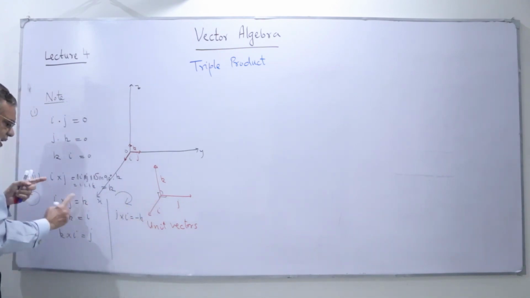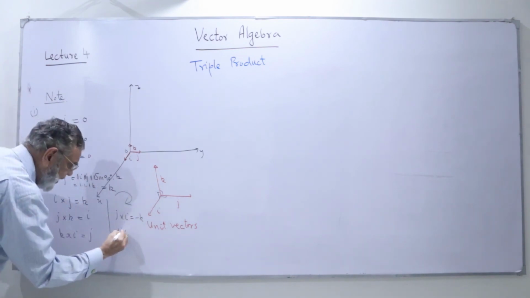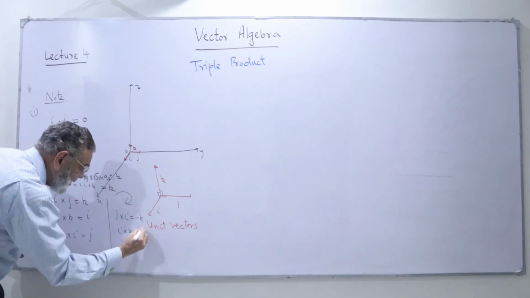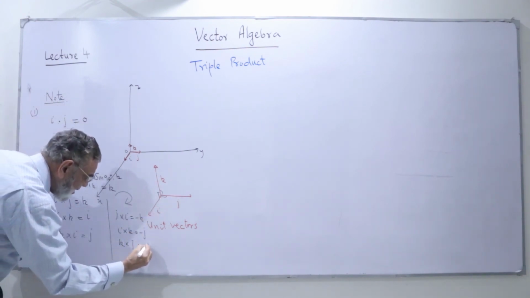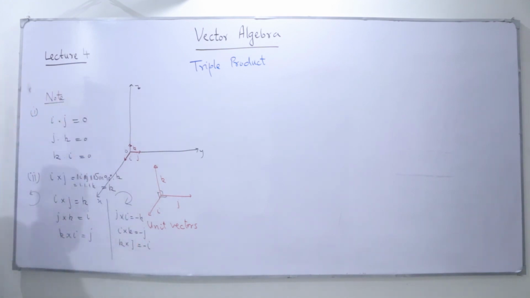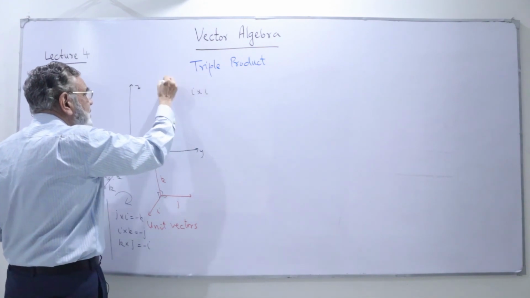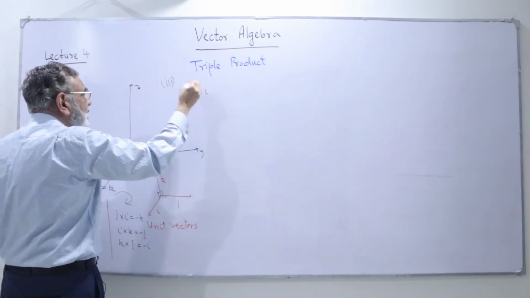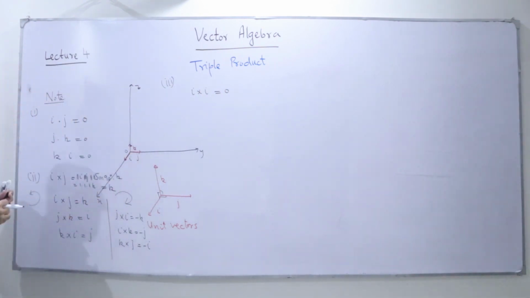When we change i and j, we get a minus sign. So i cross k is minus j, and k cross j is minus i. Now if we take i cross i, this is number 3, i cross i is equal to 0, because the angle between them is 0, and sine 0 is equal to 0.